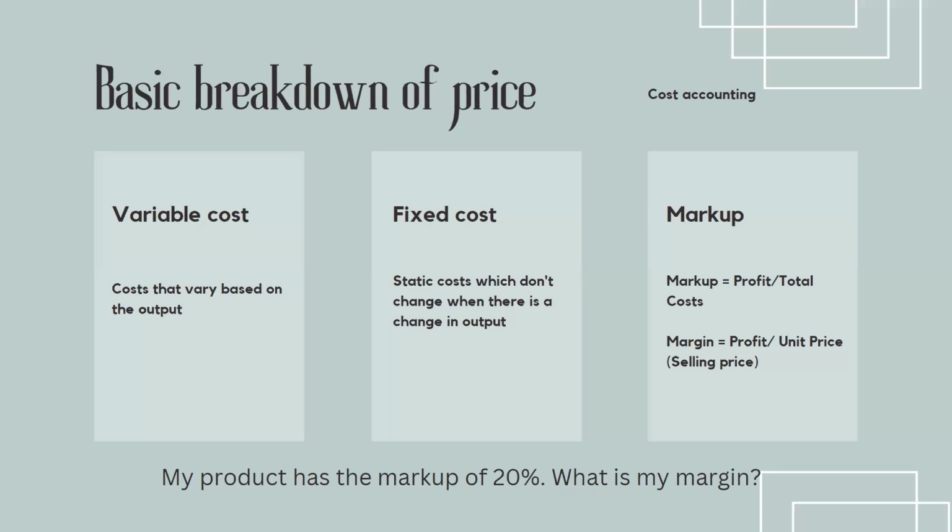Basically, the price of a certain product could be broken down into three components. The variable cost, the cost that varies based on the output, and most notably, variable cost includes the material cost and the direct labor cost. Then we have the fixed cost, the cost that doesn't change when there is some change in the output.